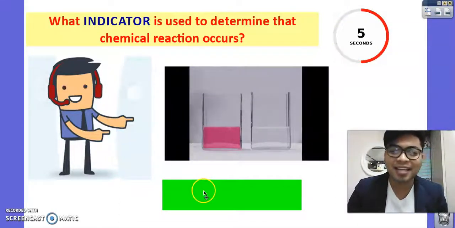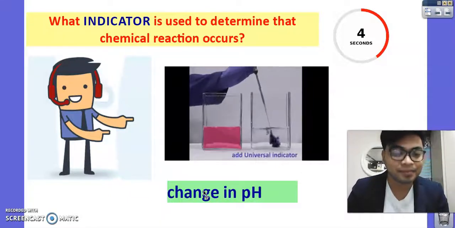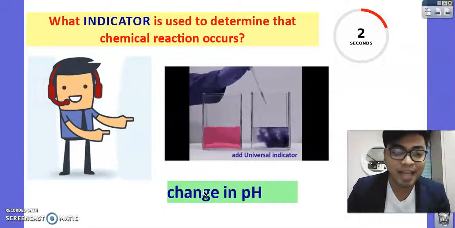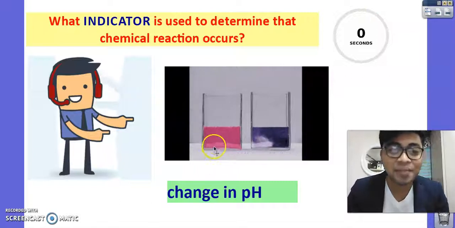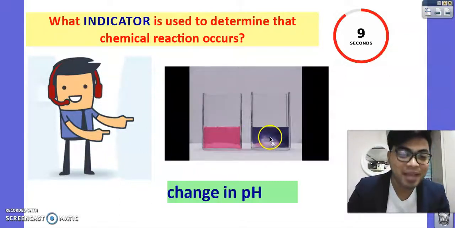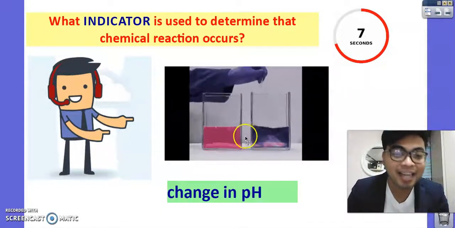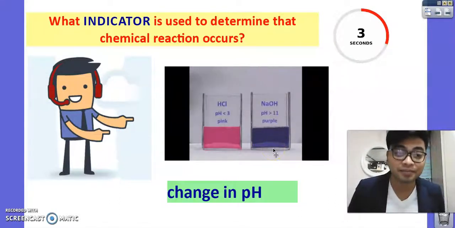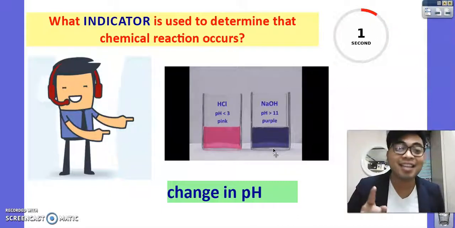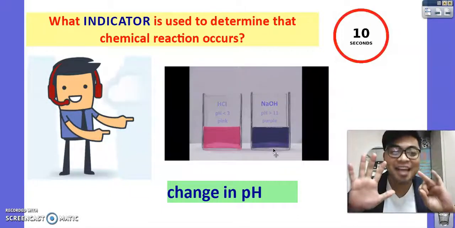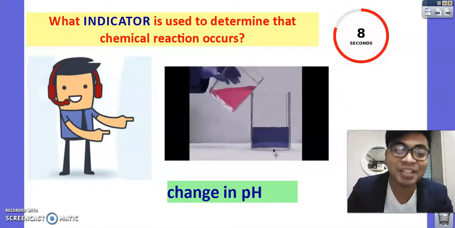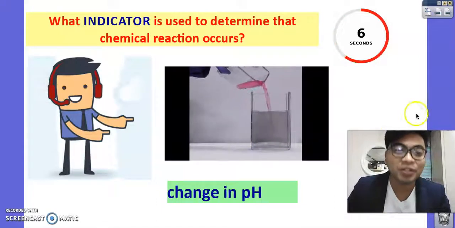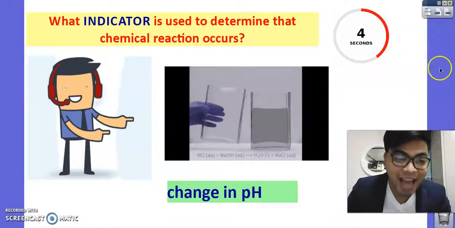The correct answer here is a change in pH. So again, if I combine the acid here with the base, sodium hydroxide and hydrochloric acid, what pH did I achieve? Exactly, it's a pH of 7. Very good. And it is neutral. The process is called a neutralization reaction.